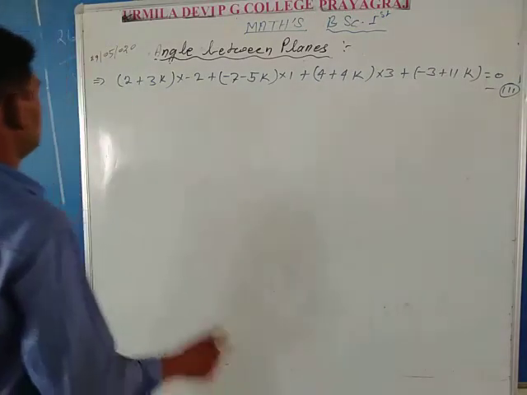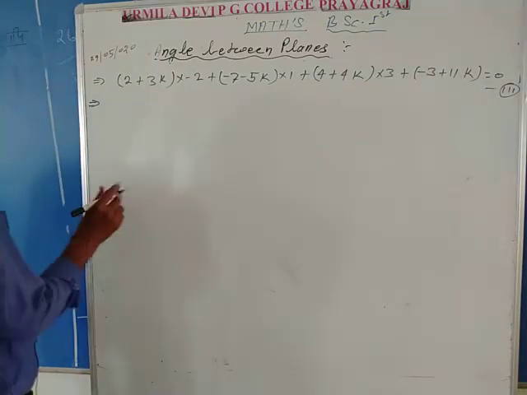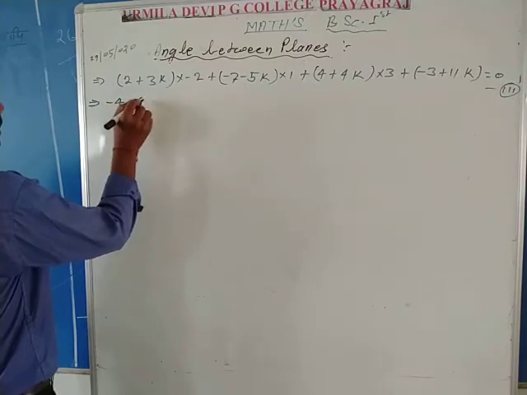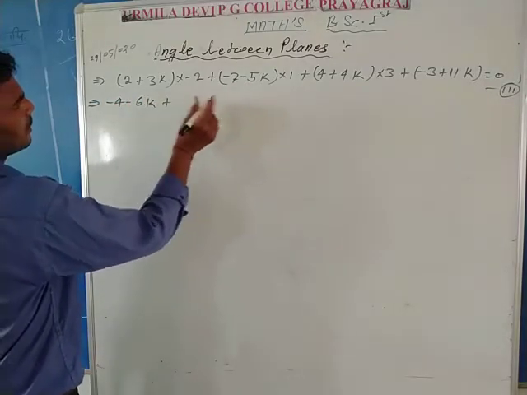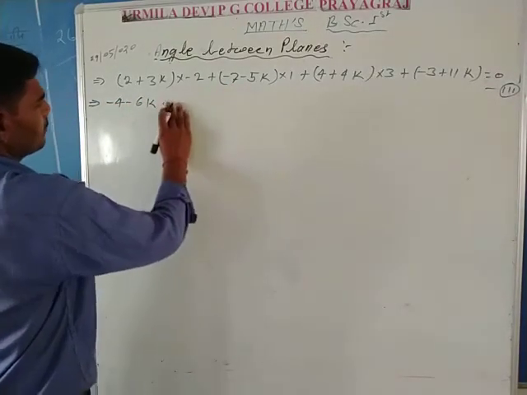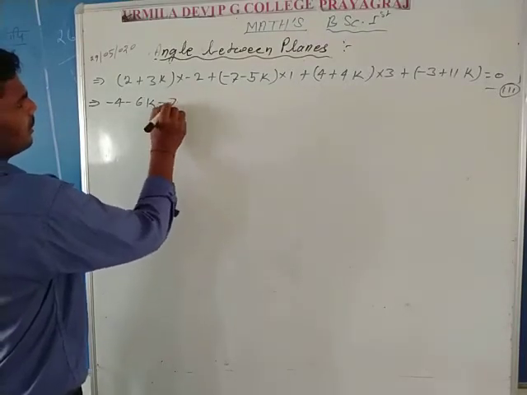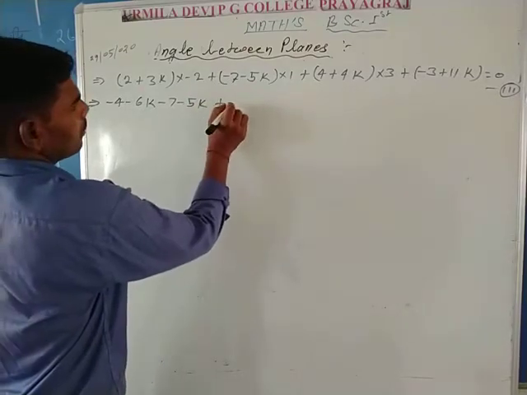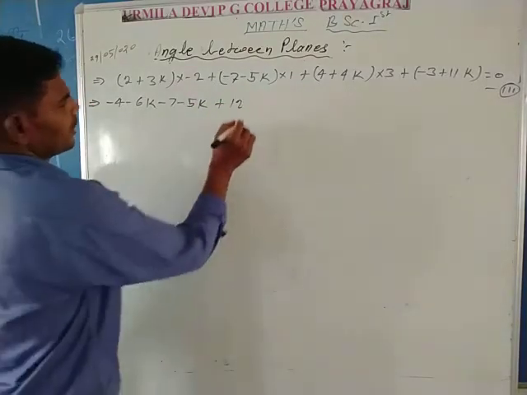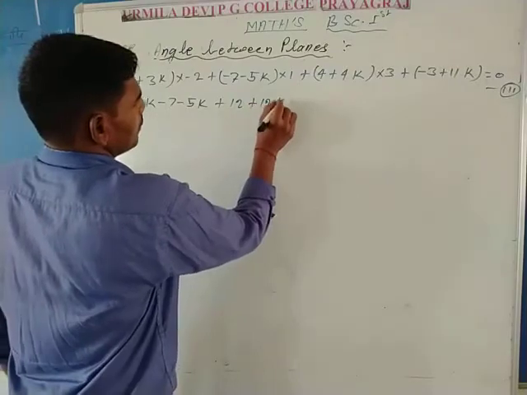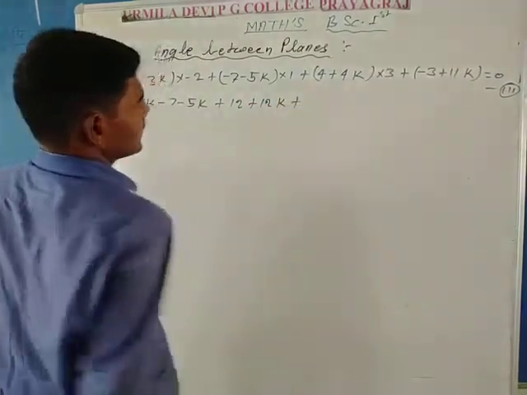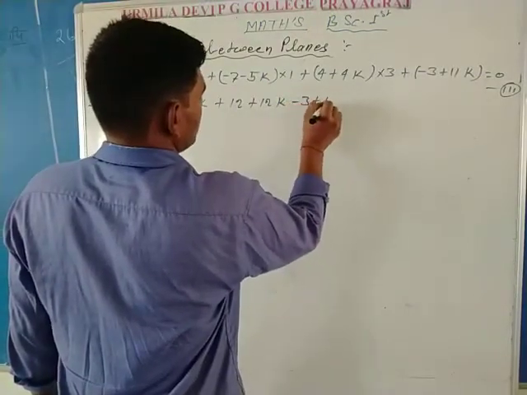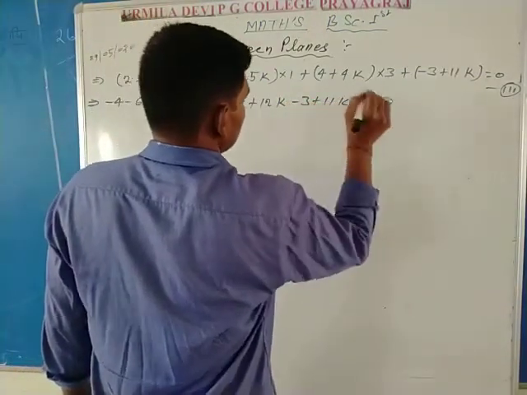Taking simplification, multiplying by -2 gives -4 - 6k, plus, with the minus taken outside the bracket, (-7 - 5k), plus 4 times 3 gives 12 + 12k, plus (-3 + 11k) is equal to 0.